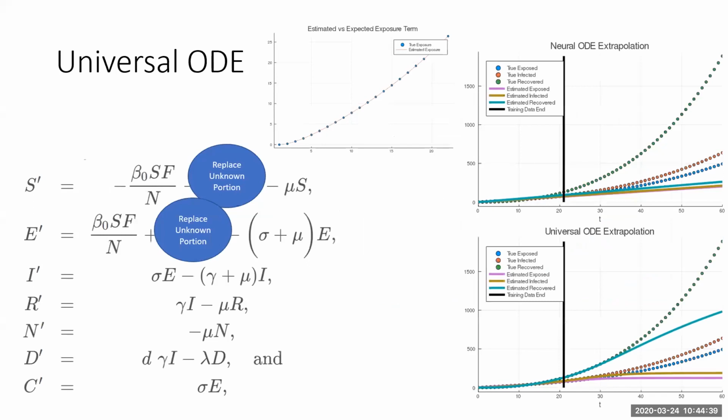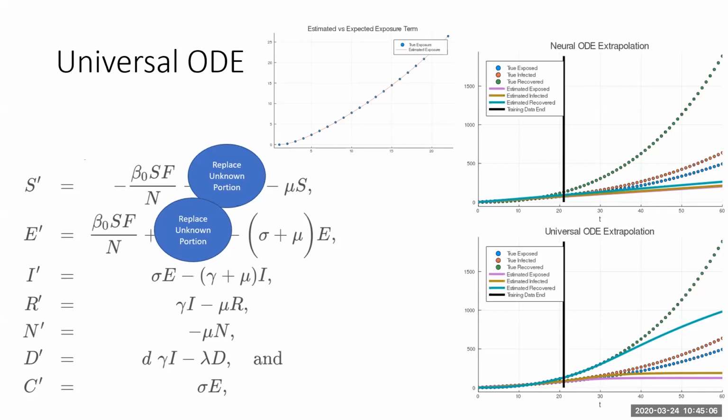So the next thing that you can do is say, well, there's a lot of information that we have about the recovery of the disease, right? There is a fixed recovery rate that we tend to know that is kind of independent from the exposure. So we can use a lot of the SEIR model directly with these already known coefficients. The thing that we actually don't have a good feel for is what the actual exposure rate is, right?